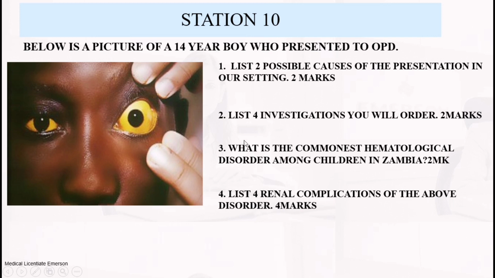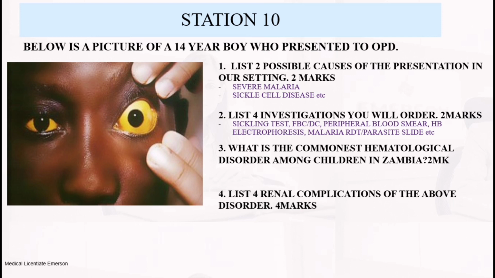So list 2 possible causes. In our setup, these are the most likely: severe malaria and sickle cell disease, because this patient presents with yellowing of the eyes, which is scleral jaundice. Then list 4 investigations we are going to order.